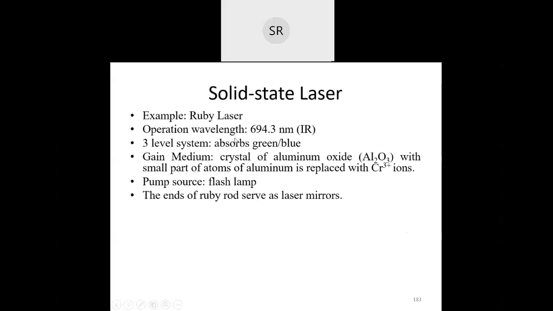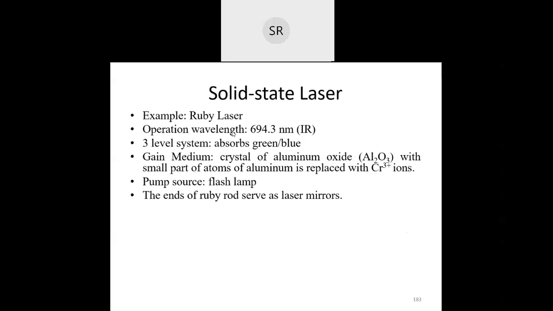Another one is the ruby laser, or solid state laser. Instead of using the word laser, you can also use maser, microwave amplification by stimulated emission.